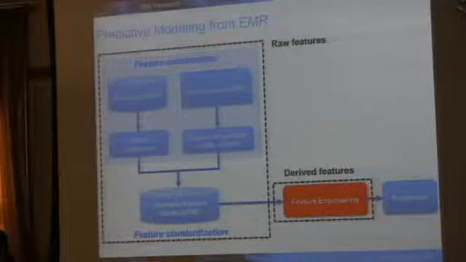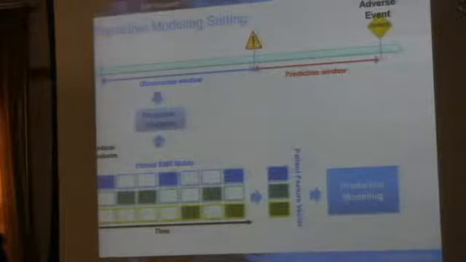Then we can get the predictive models, score, and do predictions. A typical predictive modeling setting is that we collect the features from the patient EMR from an observation window and predict whether an adverse event, for example the onset of congestive heart failure, will occur in the future over a prediction window.